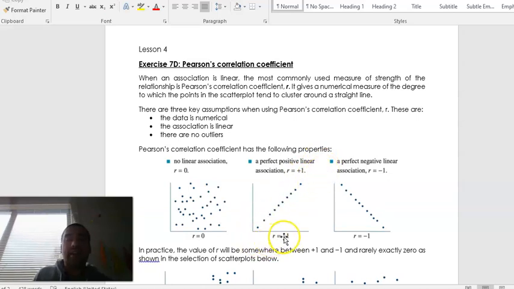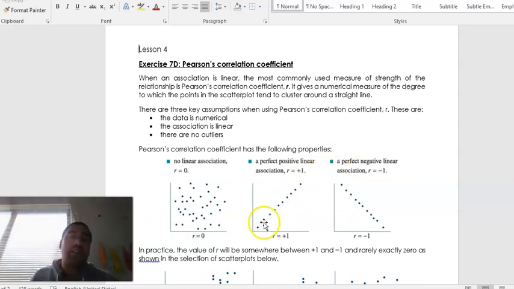We say that it's exactly 1 because, as you can see here, these dots cluster to a straight line, and it actually fits on top of our line of best fit, which is highly unrealistic.